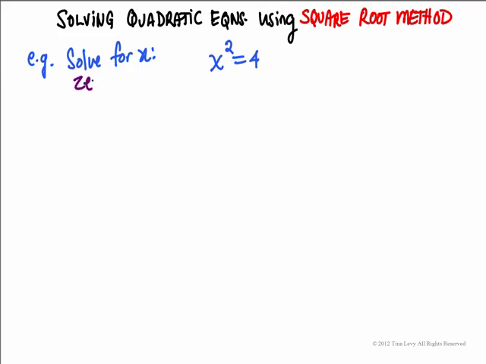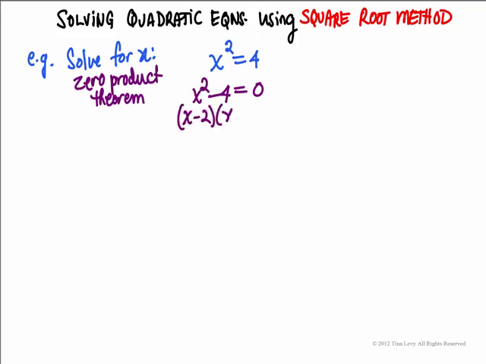So using the zero product theorem, which we learned in the chapter on factoring, we get a 0 on one side. We subtract 4 and we get x squared minus 4 is 0. And that technique then required us to factor that quadratic polynomial. And this factors as x minus 2, x plus 2 is 0.